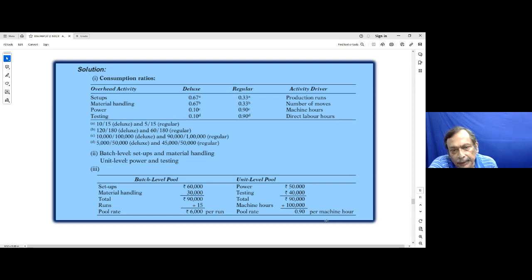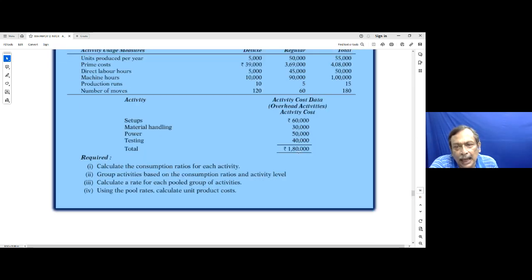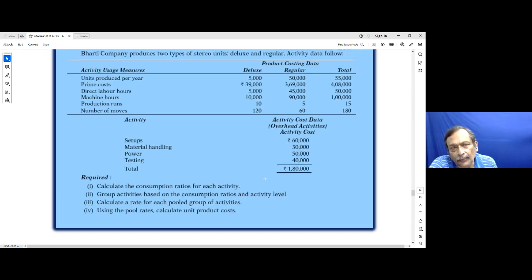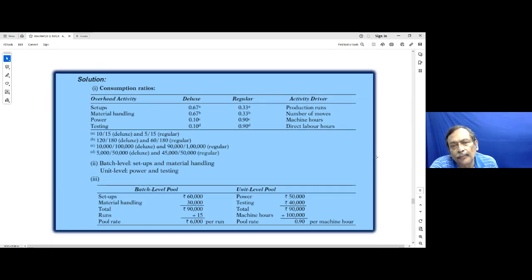Now we'll be calculating, no doubt, but remember you are given certain activities, that is setups, material handling, power, testing, so on and so forth. So activity costs are also given.